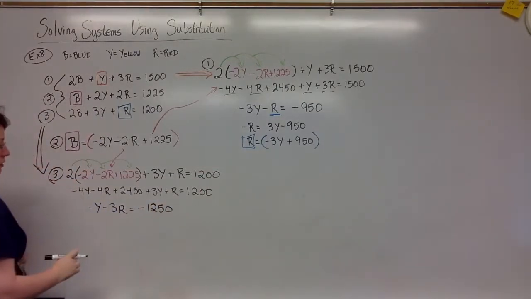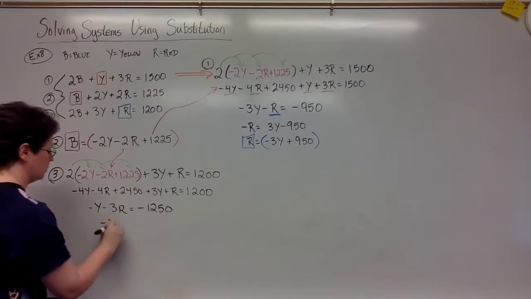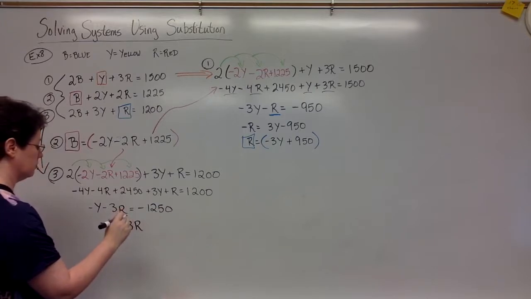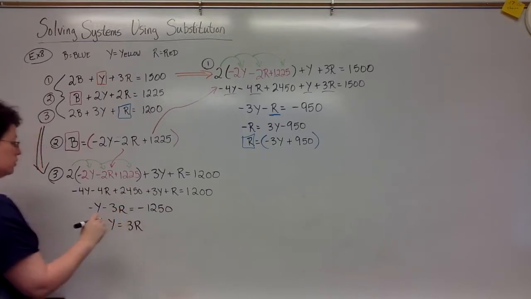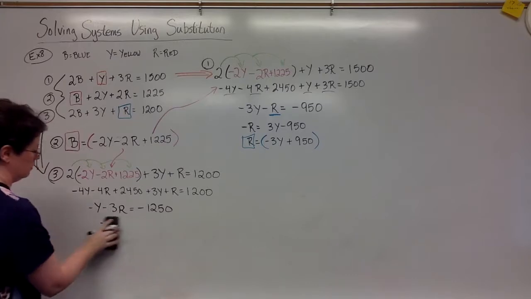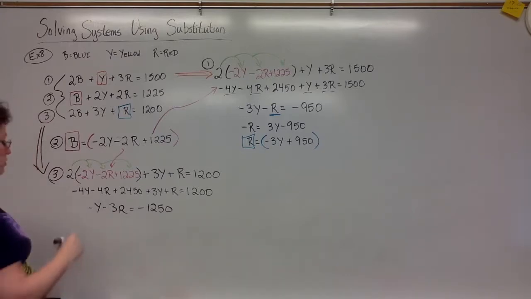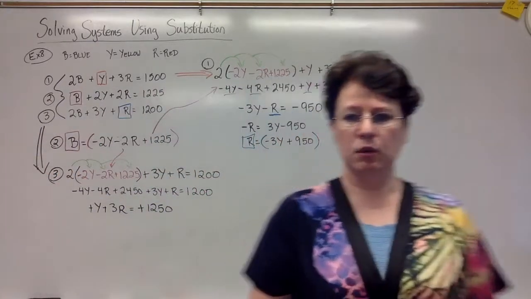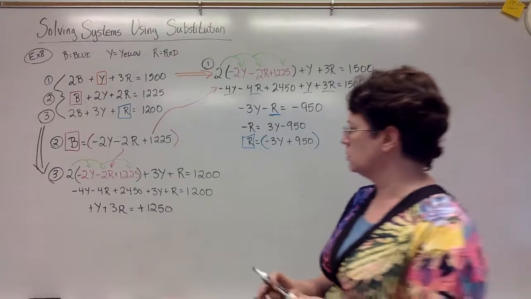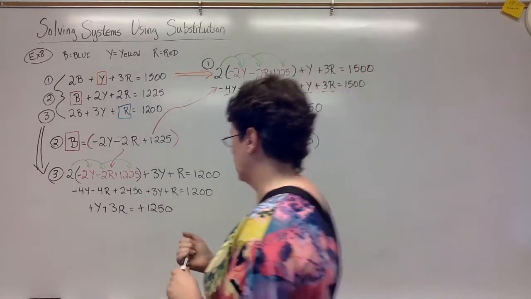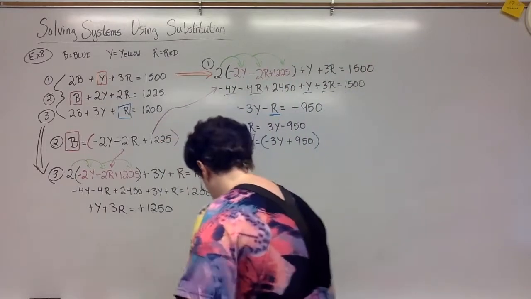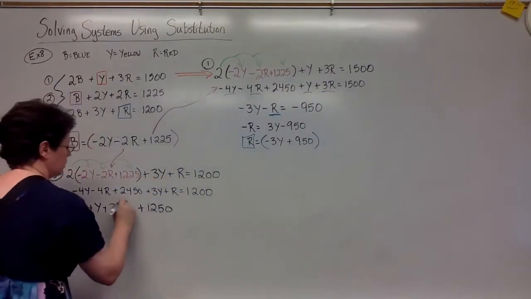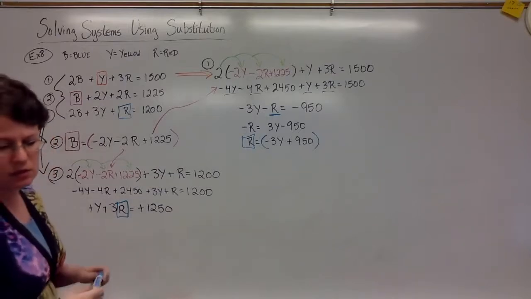Okay? I could just multiply everything by negative 1. That makes everything positive. But don't we know what r is? Yeah. Looky there. We know what r is. So I can plug in for my r. Let's go ahead and do that, because then we can solve for y.